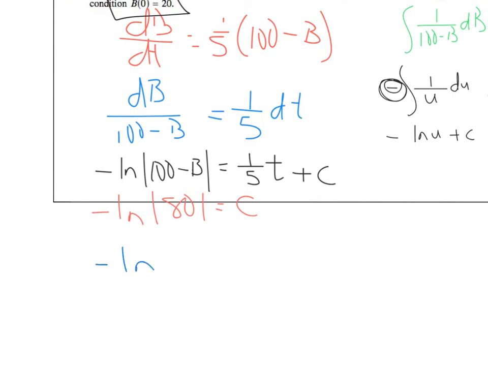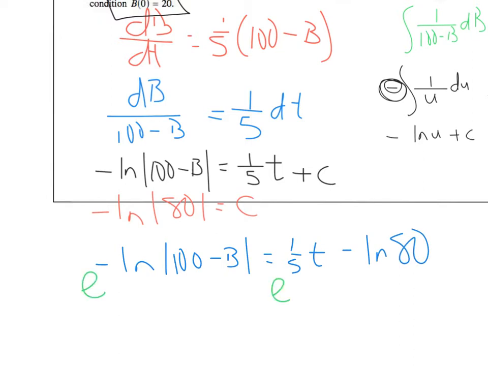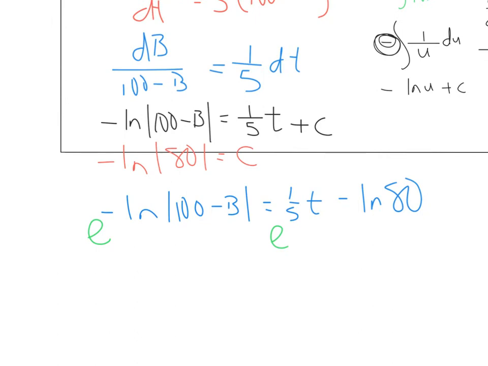And let's see, so negative natural log of 100 minus b is equal to 1/5 t minus the natural log of 80. We're going to e both sides. Actually, before I e both sides, I'm going to go ahead and make everything positive, and by that I mean change the sign, just because it'll make me more comfortable.